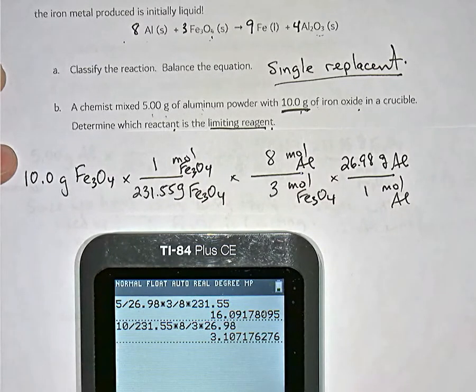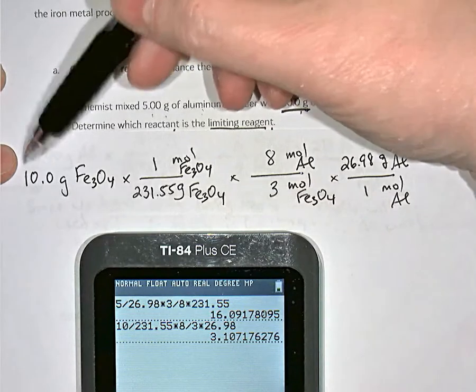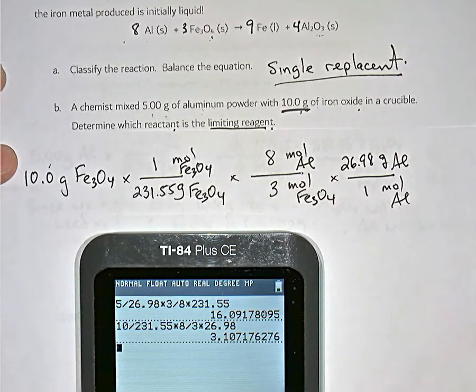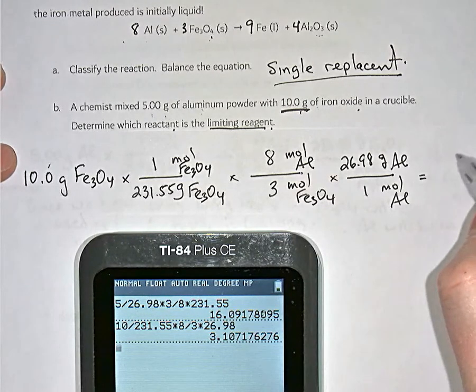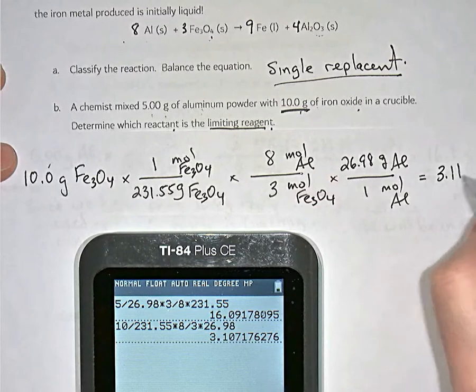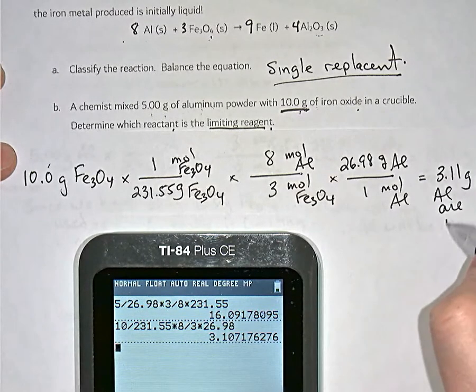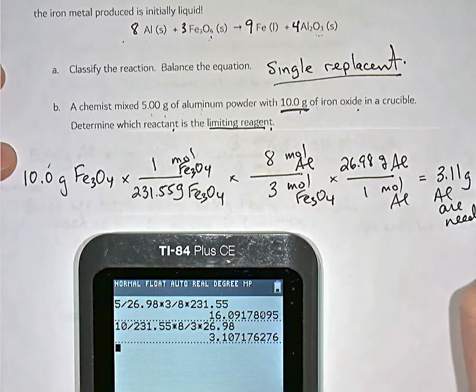I'm going to keep 3 digits again. 10.0 has 3 digits, and the molar masses have more than 3 digits, so we use the smaller number of digits, and we'll get 3.11 grams of aluminum are needed. What do I mean are needed?